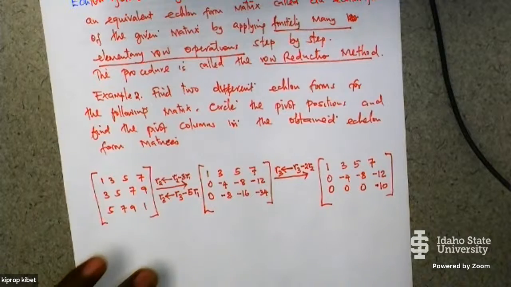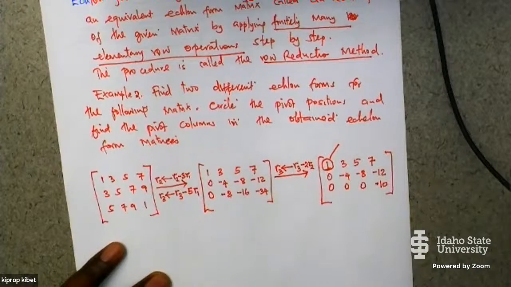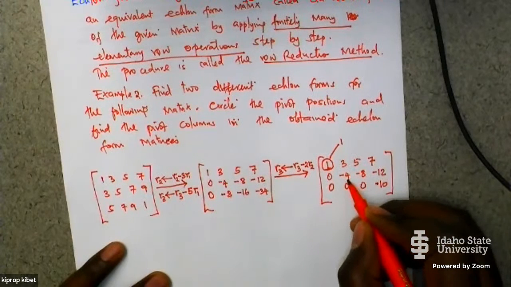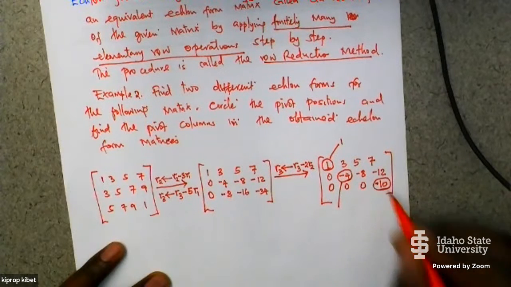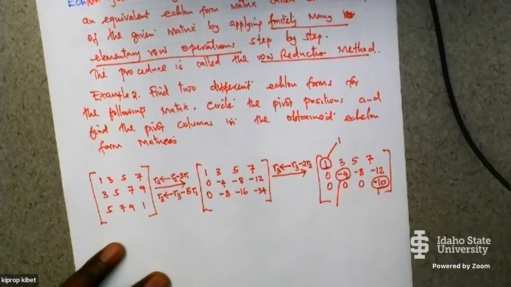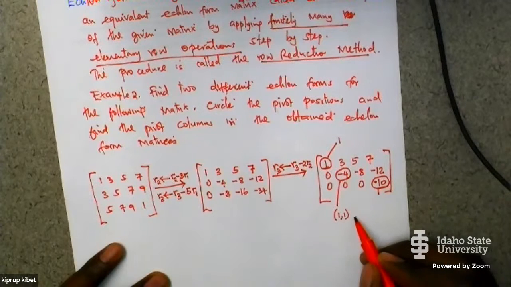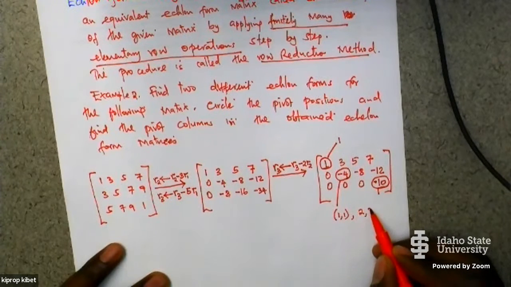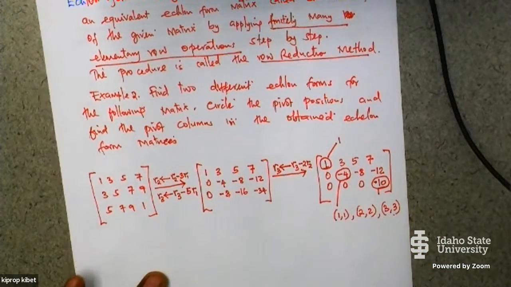In this case, we have the pivot positions: this is one, this is the next one, and this one is the last one. So the pivot positions here are 1,1, then 2,2, and then the last one is 3,3. Those are the pivot positions.